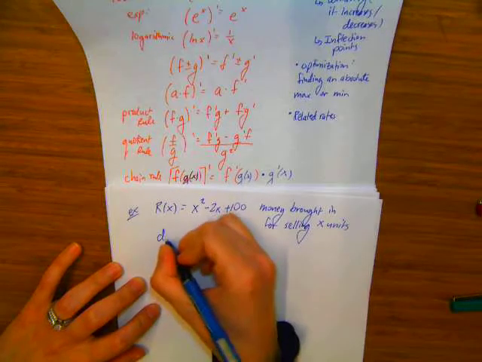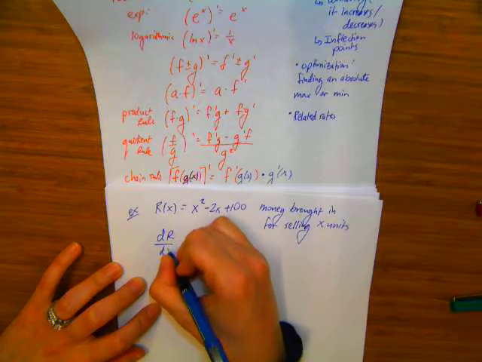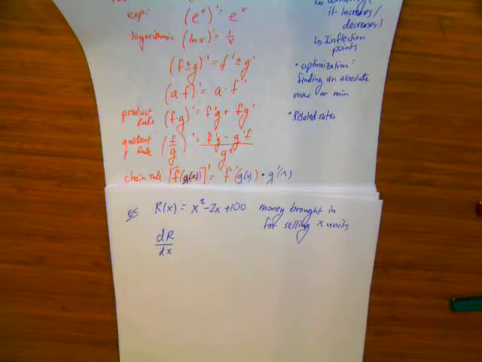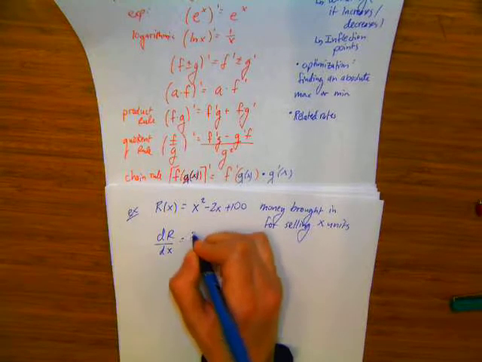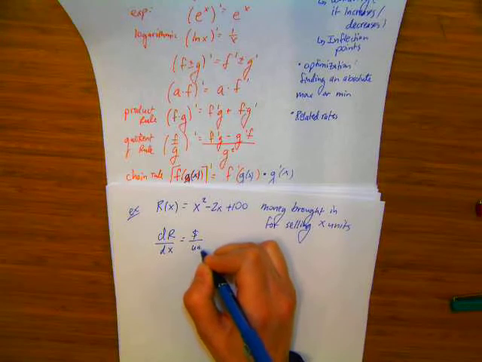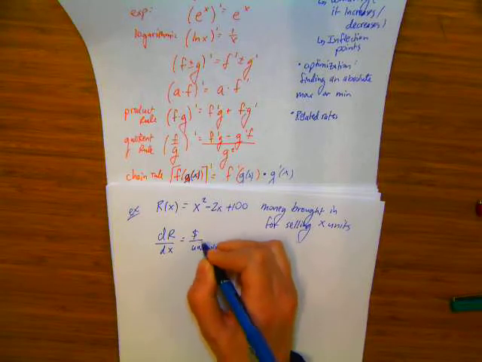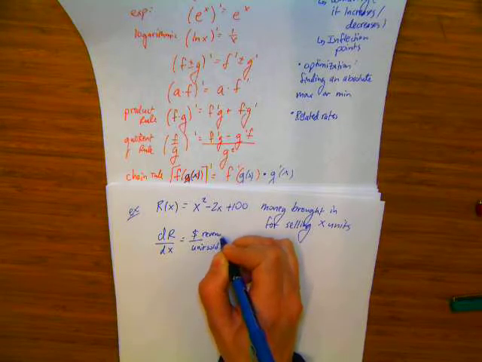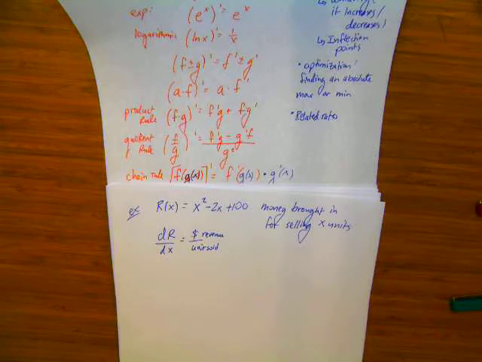If I looked at the derivative with respect to the number of units sold, right, then what does this tell me? What are the units of that? Dollars per unit, exactly. Per unit sold. And that could be useful for us to know if I sell one more unit, how can I expect my revenue to change? That's definitely useful.